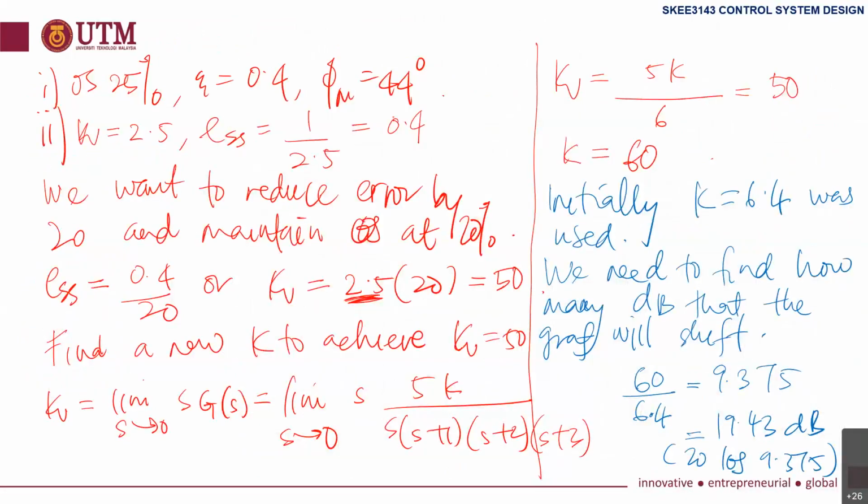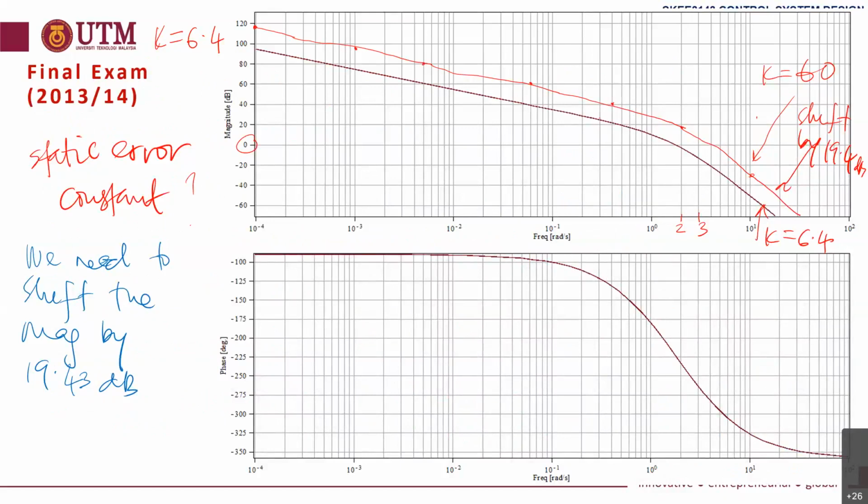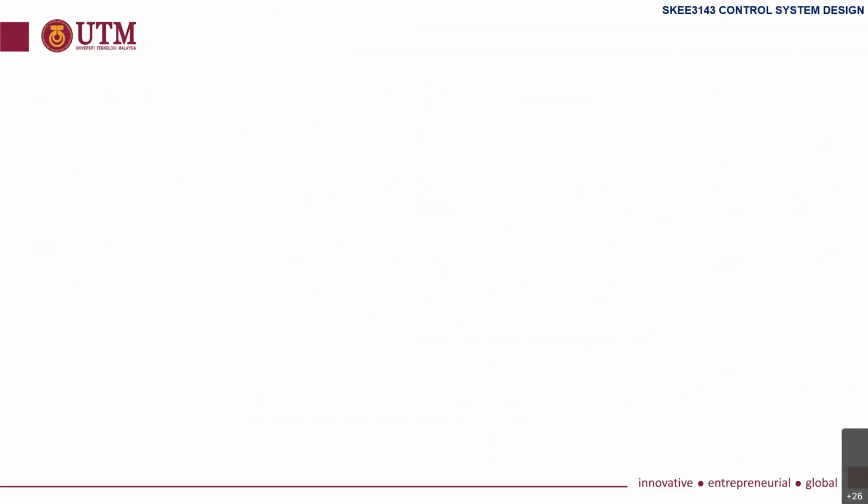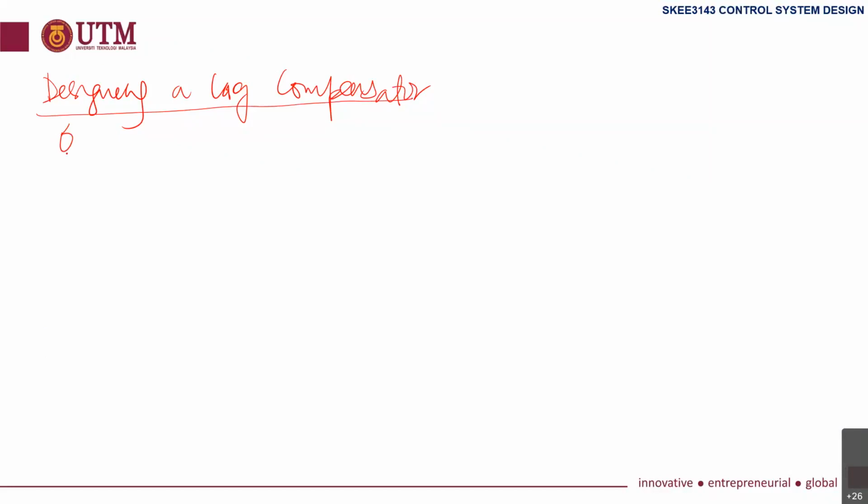Okay, next, we want to design the lag compensator. Our desired phase margin is 44 degrees in order to achieve 25% overshoot.